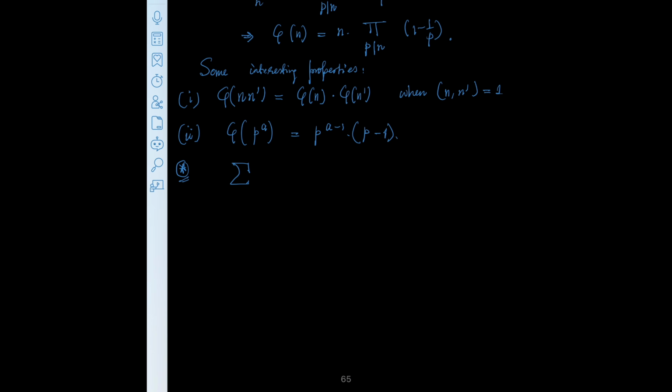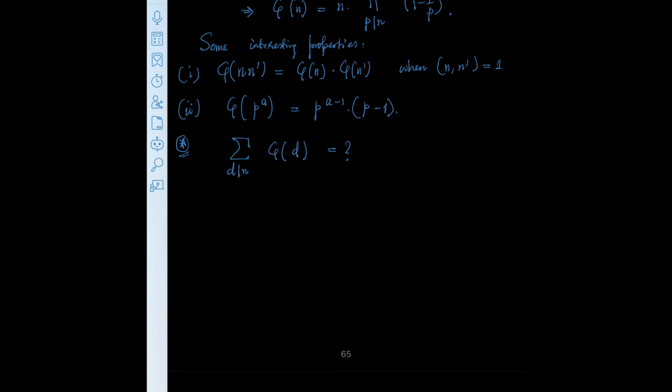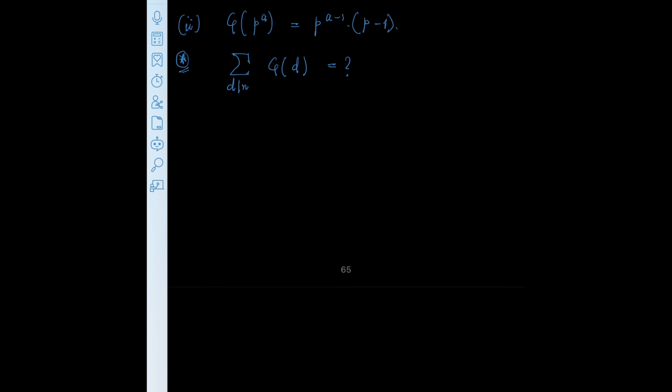There is a nice sum. We want to look at the sum over d dividing n of phi of d. Is there any nice closed form to this?